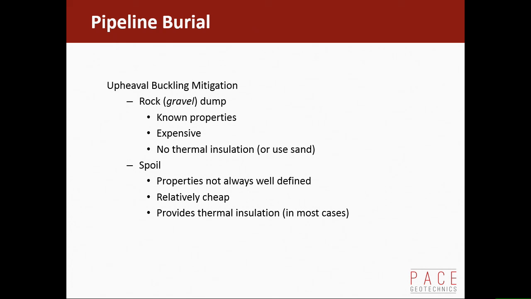You've got to get a ship, particularly to come back from shore, from a quarry in usually Norway, to put it on the pipeline. And because it's quite a coarse material, water flows through it easily. So you get a thermal convection current from the hot pipeline, which just basically cools the oil down very quickly.